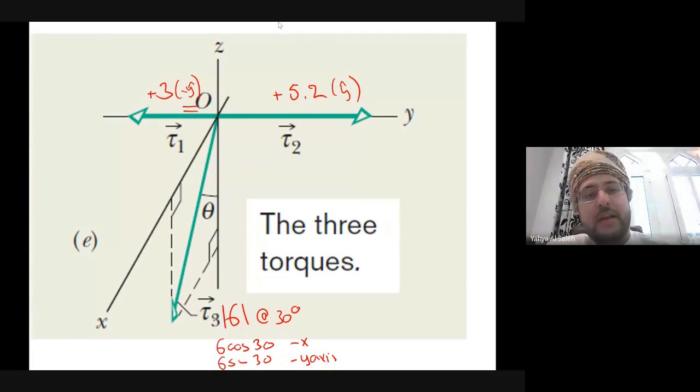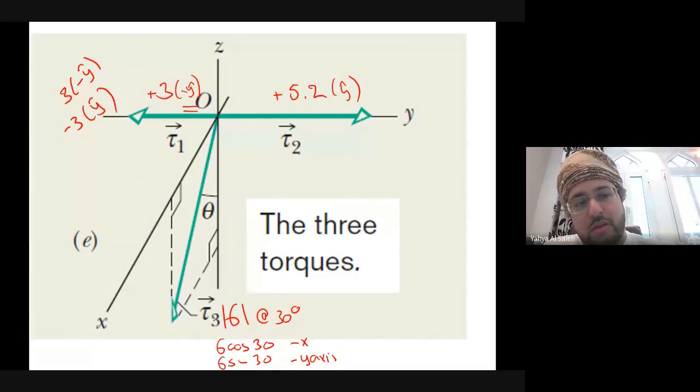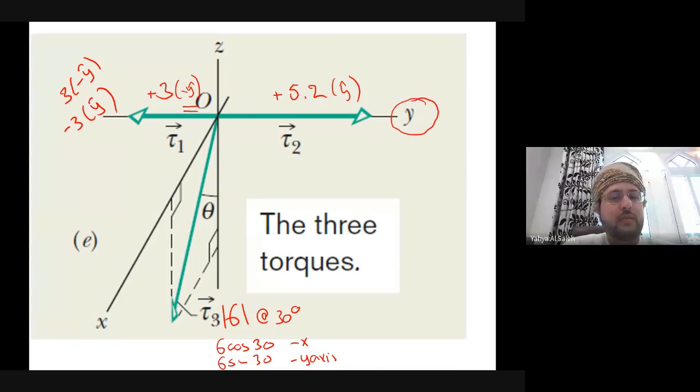So either I write it as 3 in minus y or -3 in y. Because it's not in the x direction, it's on the y-axis. This is the y-axis. Remember, our R and F were in the x and in the z. So our torques were, one was in plus y, one was in minus y.